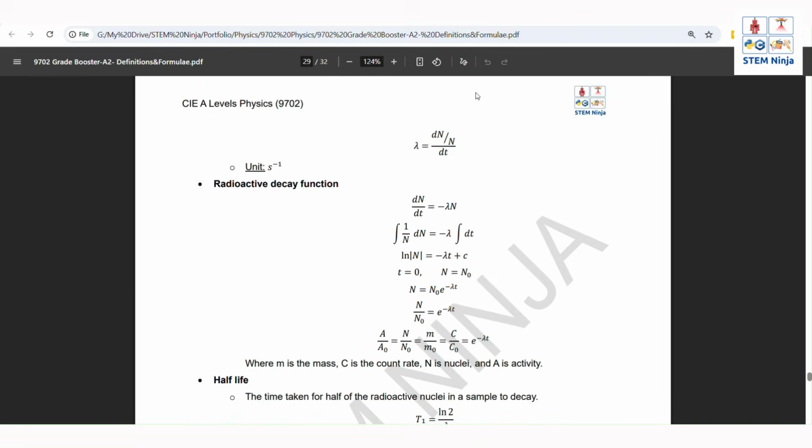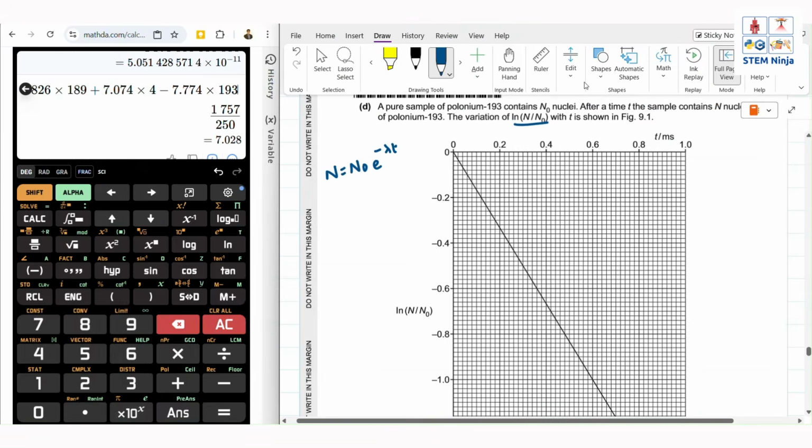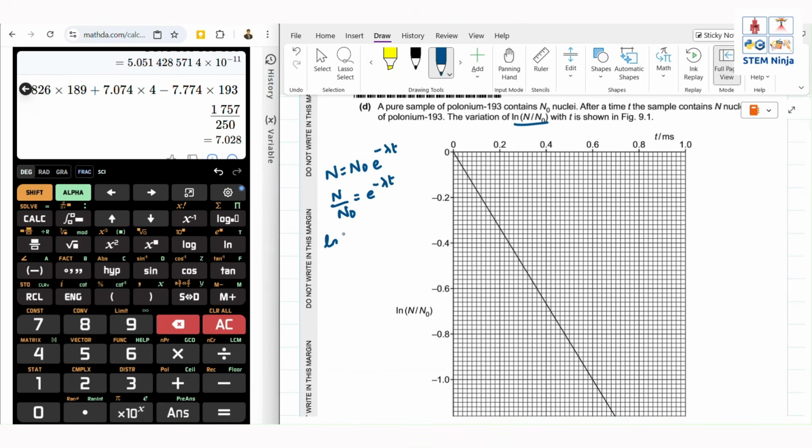Going back, if we take N0 on the other side, we are left with e raised to power minus lambda t. When we take ln on both sides, we get ln N over N0 is equal to minus lambda t.